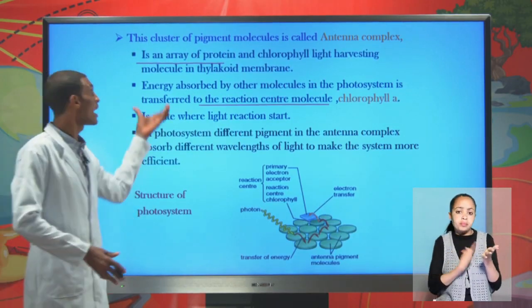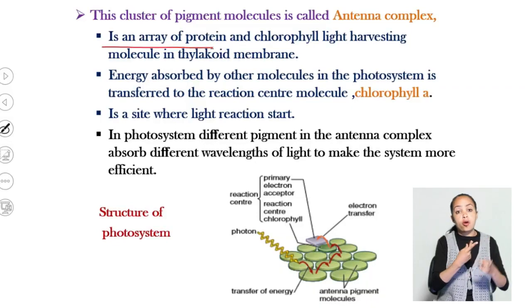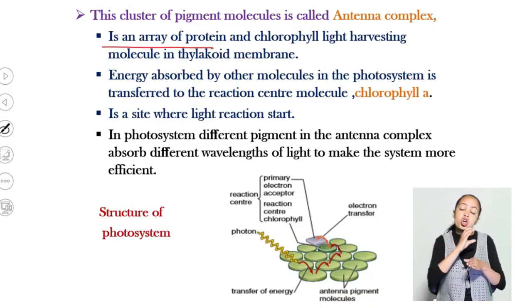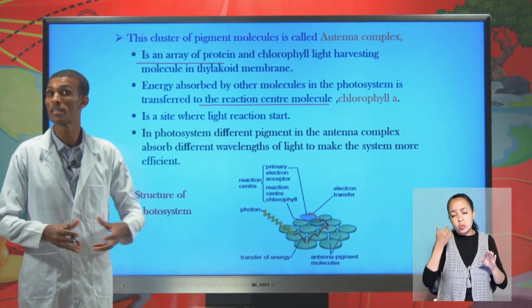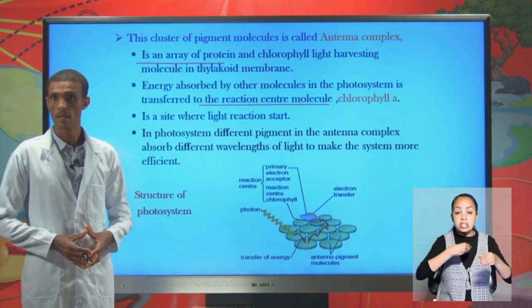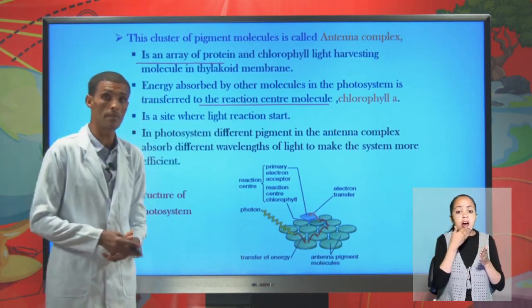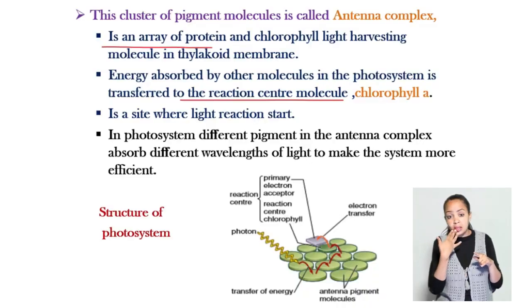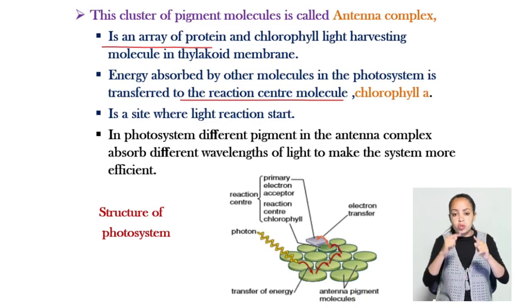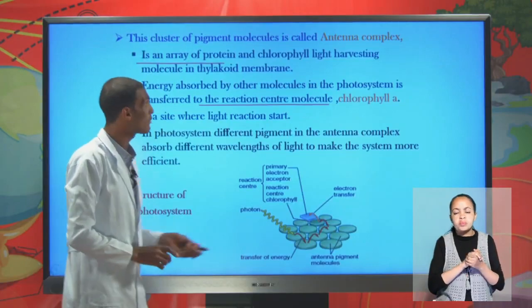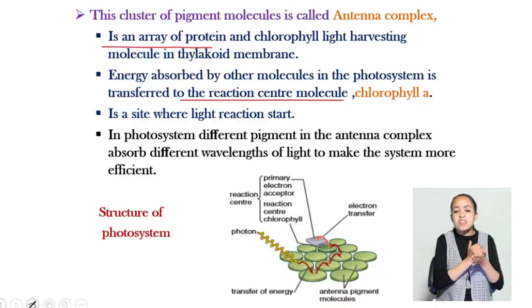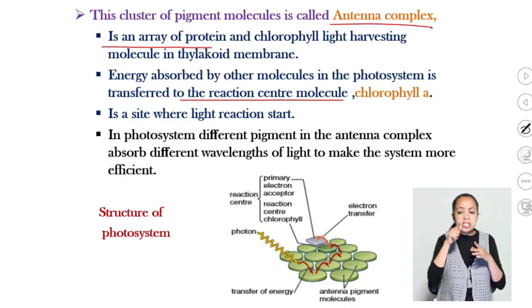This is an array of proteins and chlorophyll embedded in the thylakoid membrane, suited for light harvesting activity. Energy harvested by the different pigment or chlorophyll molecules in the antenna complex is transferred to one reaction center molecule.